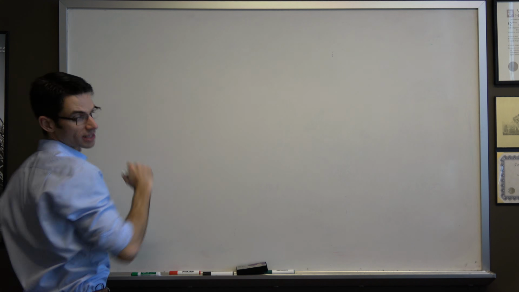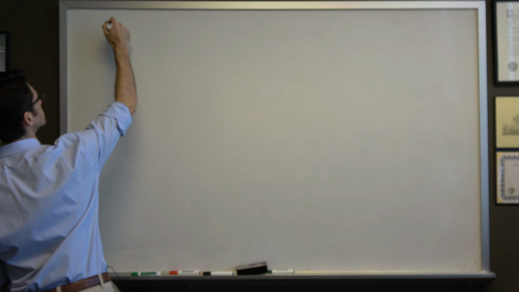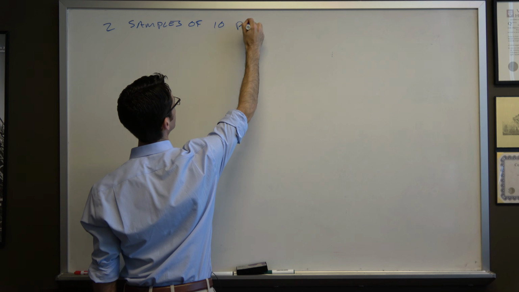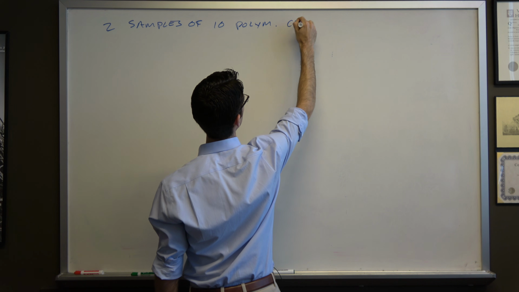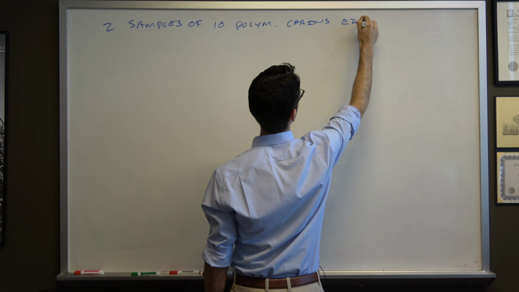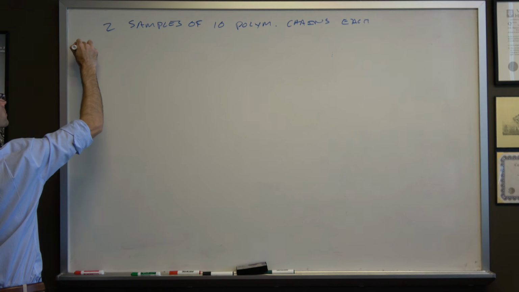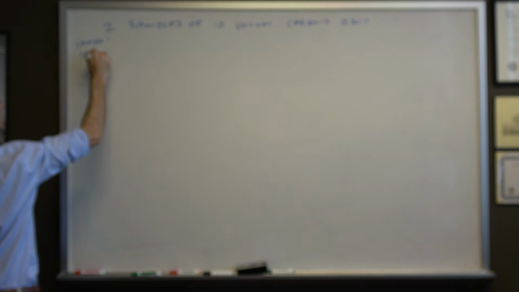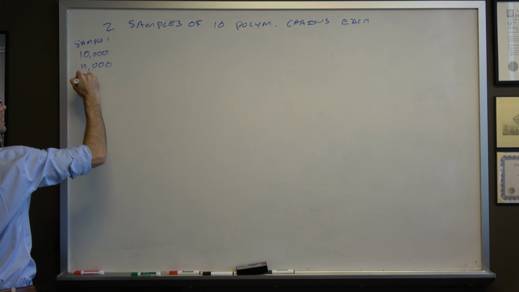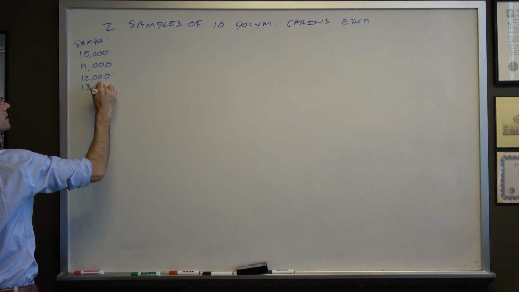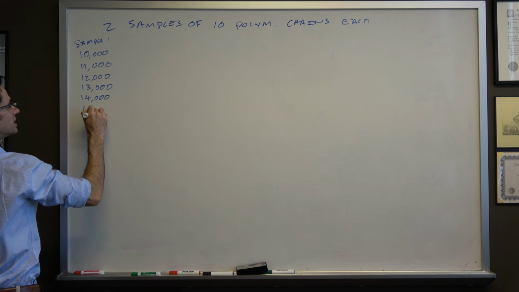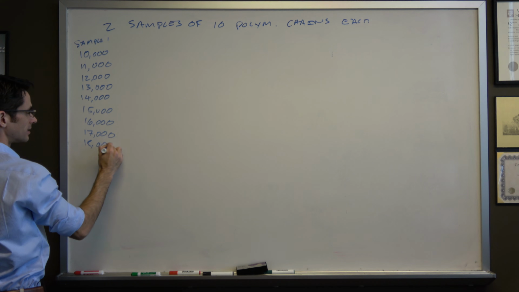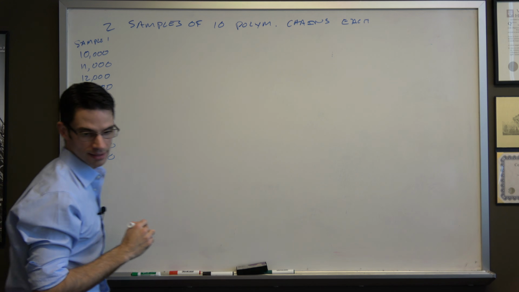So imagine we have two samples of 10 polymer chains each. Okay, sample 1 has the molecular weights of 10,000, 11,000, 12,000, 13,000, 14,000, 15,000, 16,000, 17,000, 18,000, 19,000.